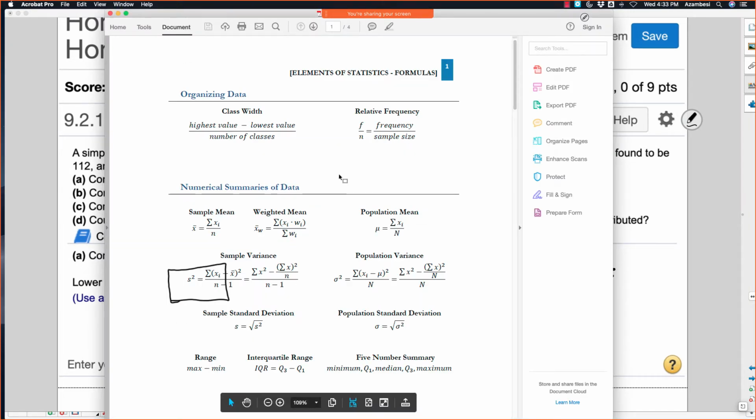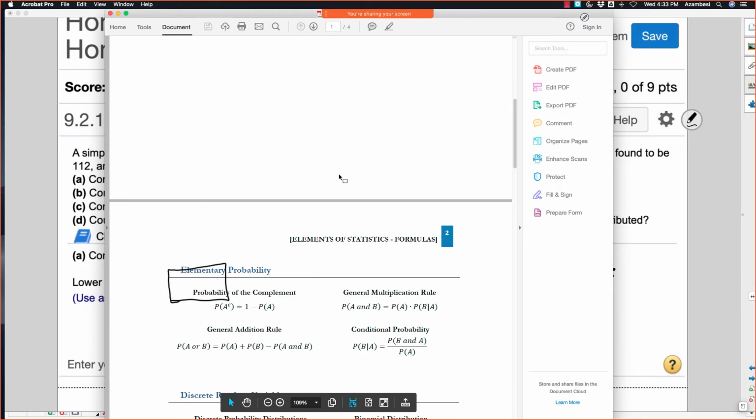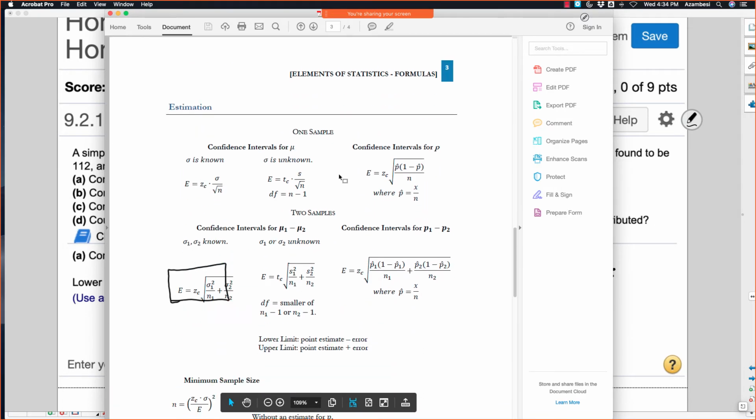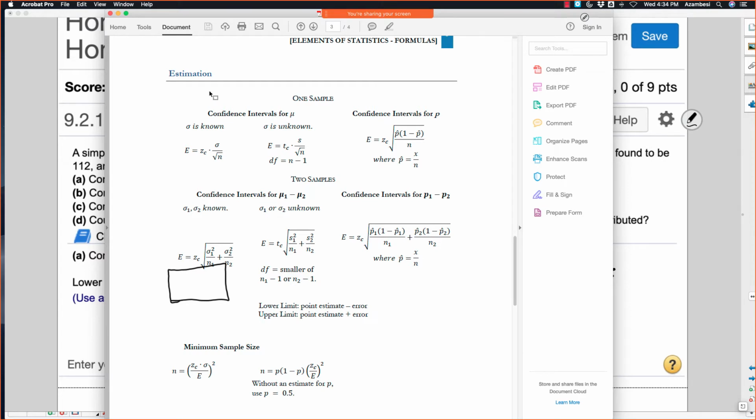In the estimation section, for the confidence intervals, if sigma is known or given to you, remember sigma is the population standard deviation, then you should be using a confidence interval for z.